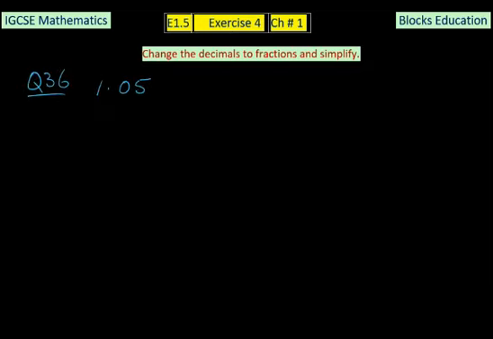Right, so in question number 36, we are given 1.05. The only difference is that this time the number is not starting with 0, it is starting with a number other than 0, which is 1. So we will be using the same technique. We will write 1.05 here, put a line, and instead of the decimal, we place a 1 here.